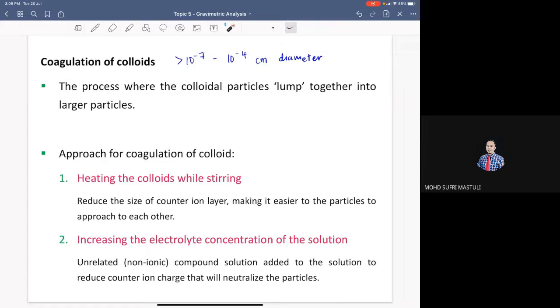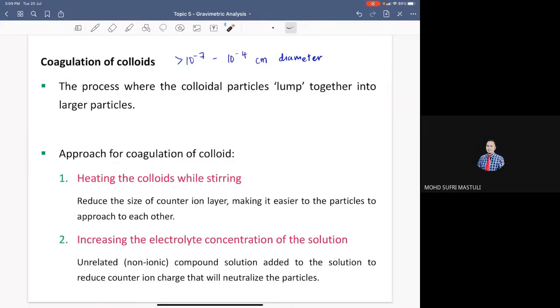So remember, coagulation, we lump together the colloidal particles into larger particles. When we heat the colloid while stirring, it reduces the size of the counter ion layer, so the colloidal particles can approach each other.